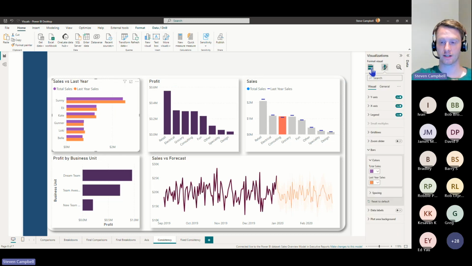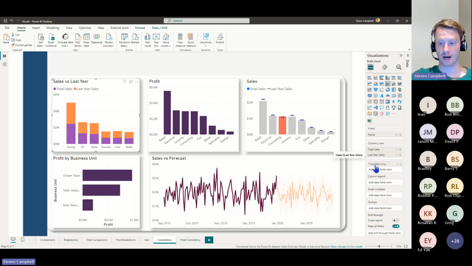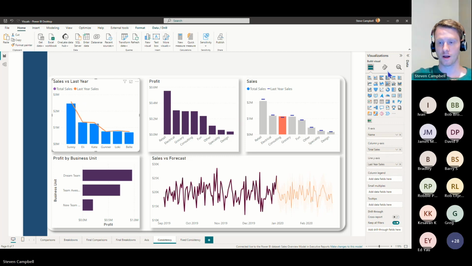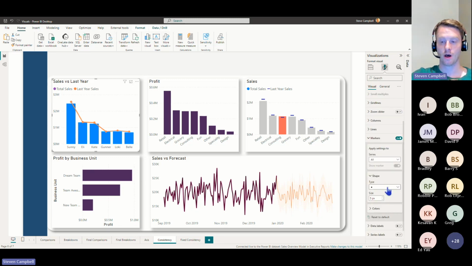So what I can do is I'm just going to switch this over again, make this into my line graph, just like I have the other one. So that if I'm using the same information, sales versus last year, these two are exactly the same looking graphs.